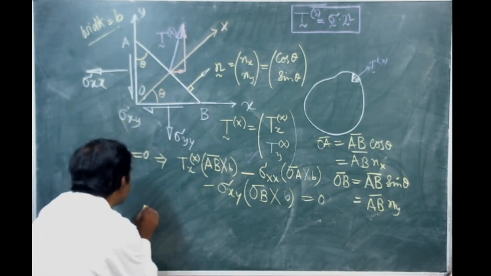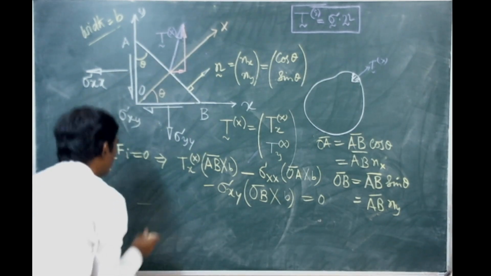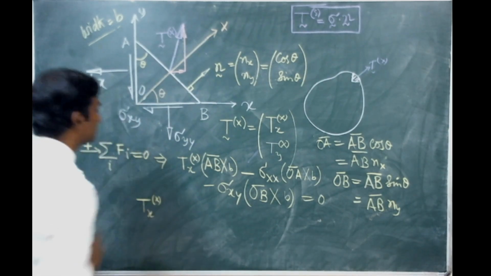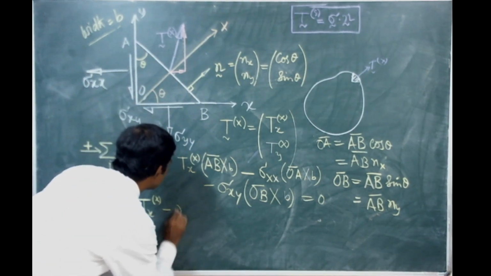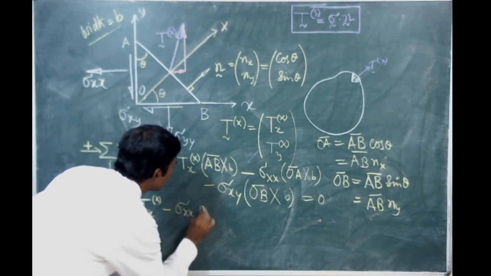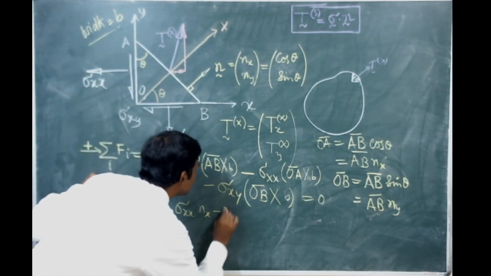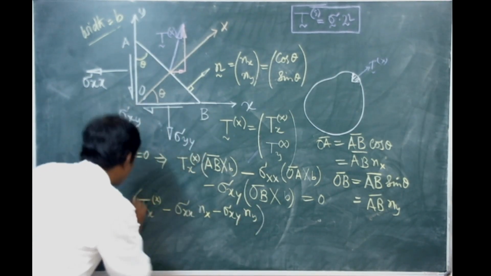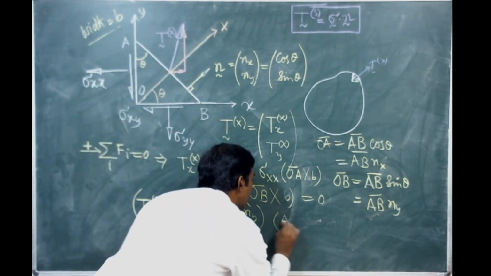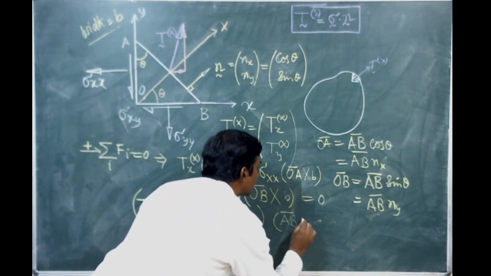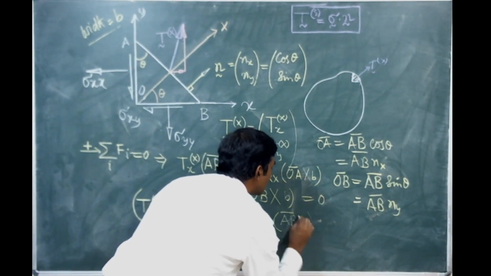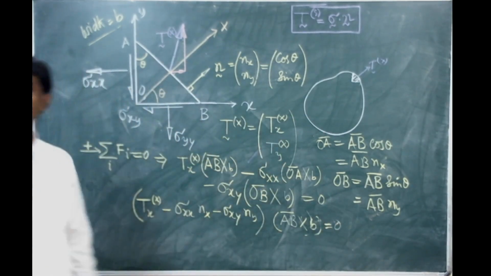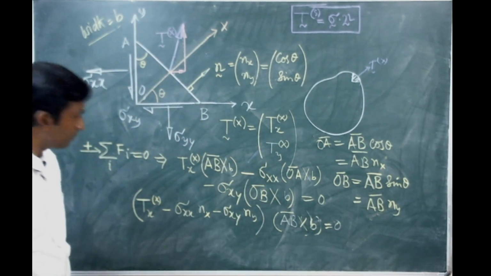So what we get is T^X_x minus sigma xx nx minus sigma xy ny, times AB times B, equals 0.